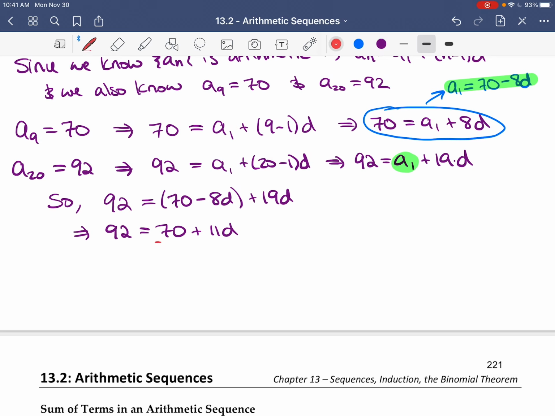Then I subtract 70 on both sides, so 22 is equal to 11d. Then I divide both sides by 11 to get d by itself, and I get that d is equal to 2.